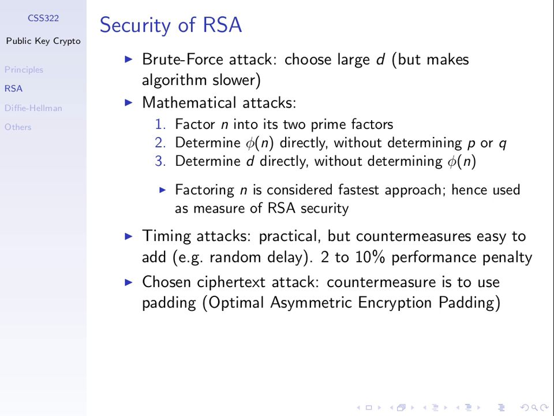We've missed one. How can we write it as an equation? If we can find the value of D without finding the totient of n, that's another approach.